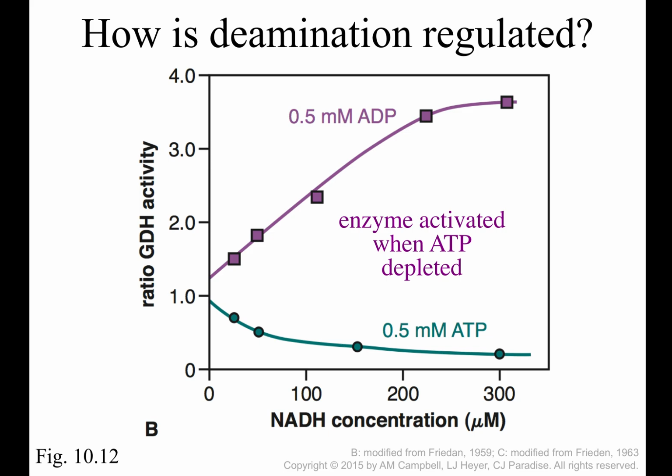And you've seen all those movies of salmon swimming upstream. Those animals are preferentially breaking down protein. They are breaking down lipid and carbohydrate, but they are breaking down protein preferentially.